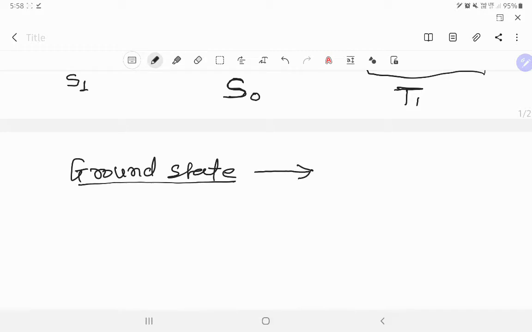And when excitation takes place, generally most of the time higher singlet states are populated. It means the electron goes to a higher energy level, but there is no change in its spin because this absorption is so fast.